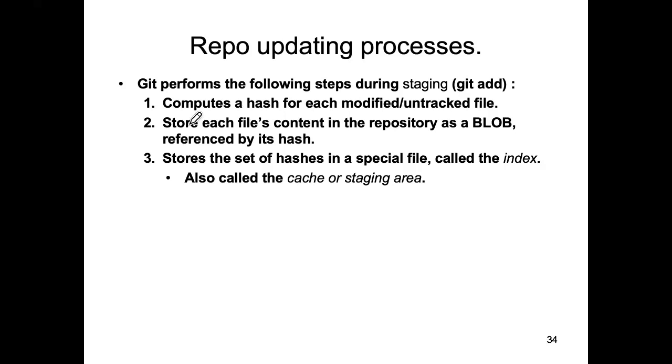In order to record what are the new objects that it has put in, it does that in this special file called the index file. We won't ever need to go near the index file. It's just used internally. It's also referred to as the cache file or the staging area.